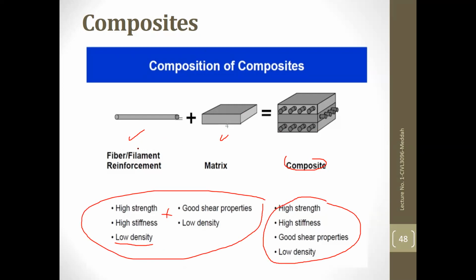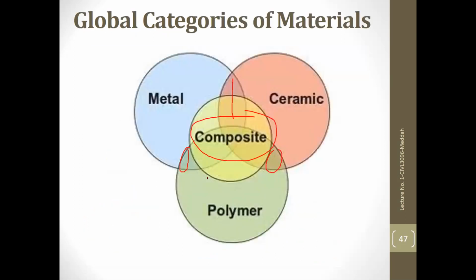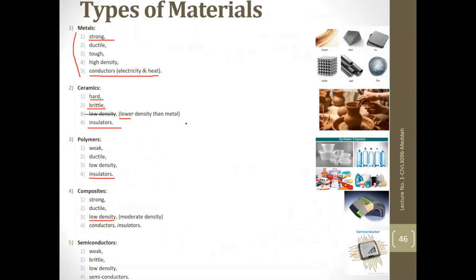So the reinforcement material has a set of properties, and the matrix has a set of properties. This is just an example, of course, because for the matrix, it depends. What is your matrix? The matrix could be ceramic, or it could be a polymer. And then the reinforcement could be a metal.